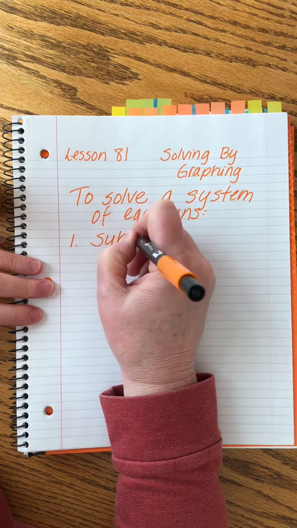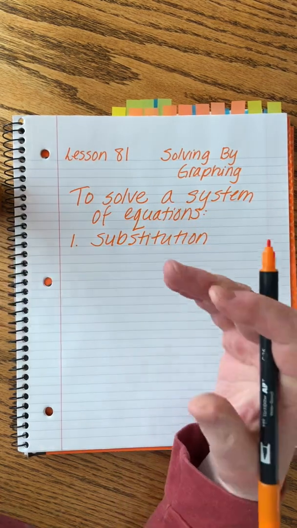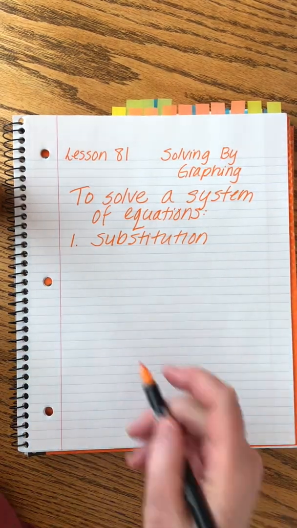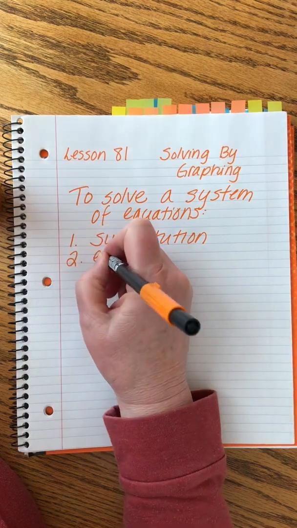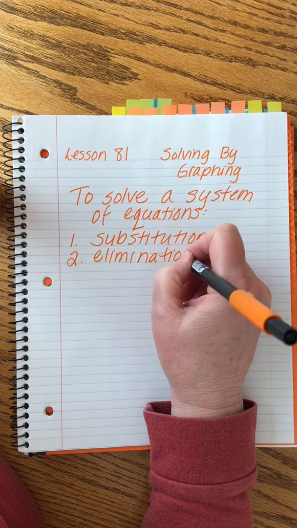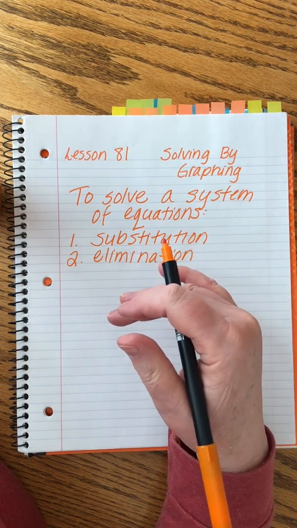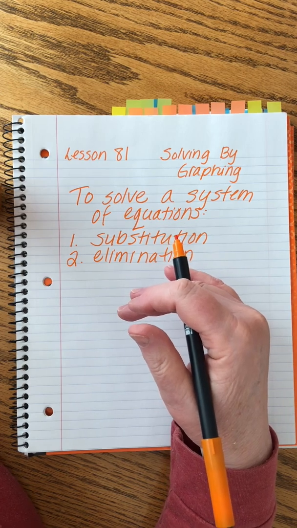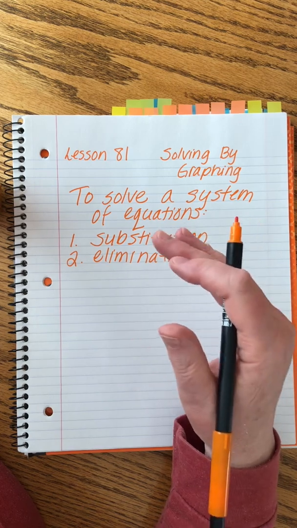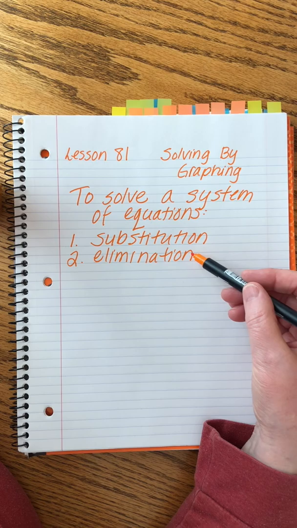We can use substitution, where you basically reshape one of the equations so it fits into the other, and you solve it that way. Another strategy is called elimination. That is where we set up the two equations so that we can add them together and one of the variables will cancel out against the other. We can multiply to make that happen, but we set it up so that one of the letters will eliminate.